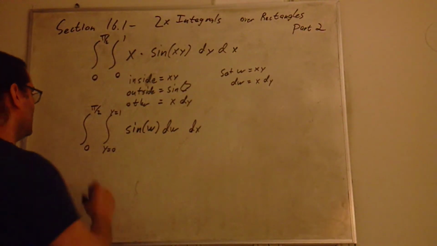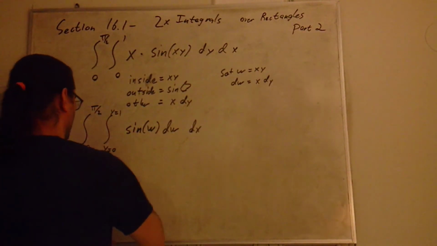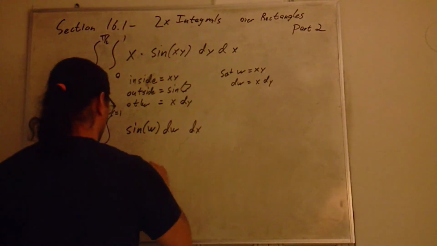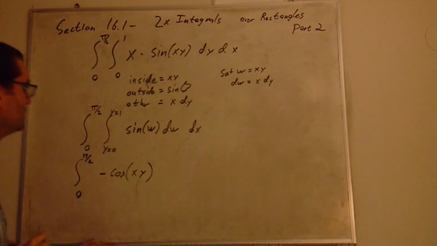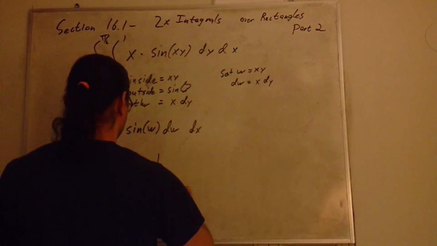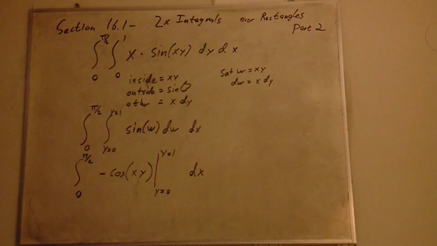The integral of sine is negative cosine. W was xy. dw is gone. I need to evaluate this at y equals 0 and y equals 1. And then I'll slap a dx on the back end.